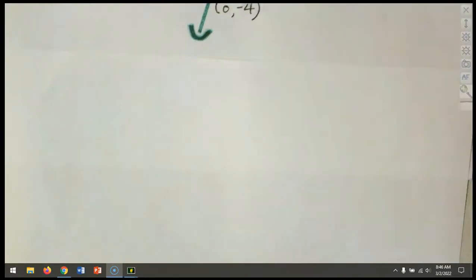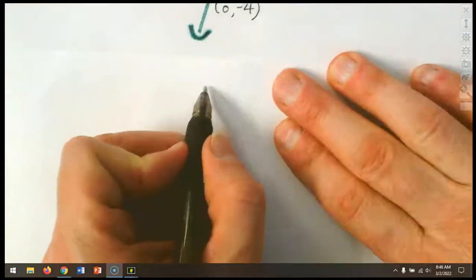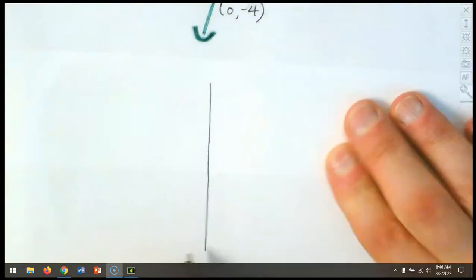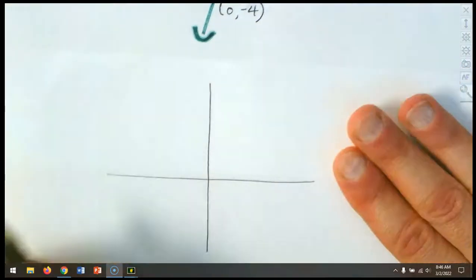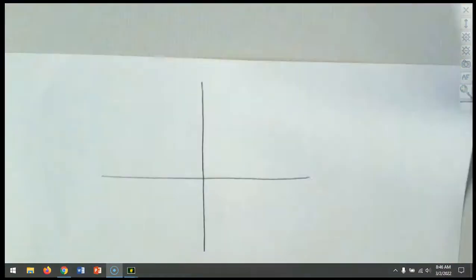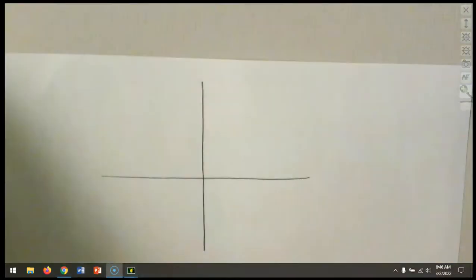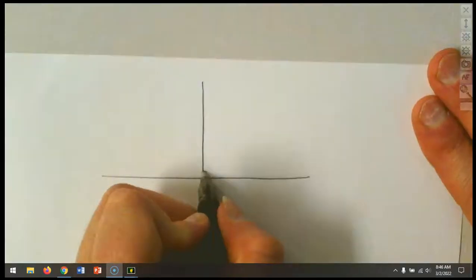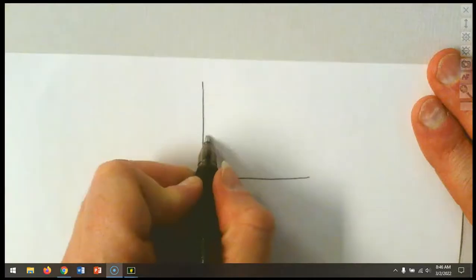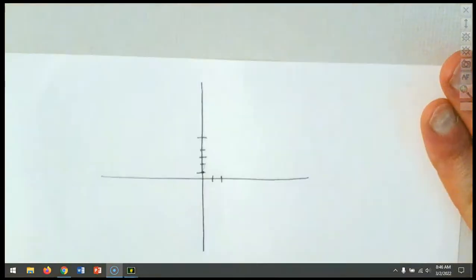So you've got an x-intercept usually, and you've got a y-intercept. I'm going to draw a line, a graph here. And we're going to find our intercepts.